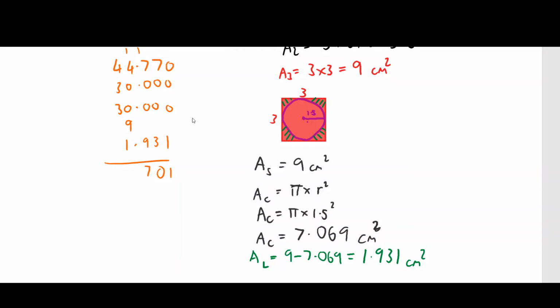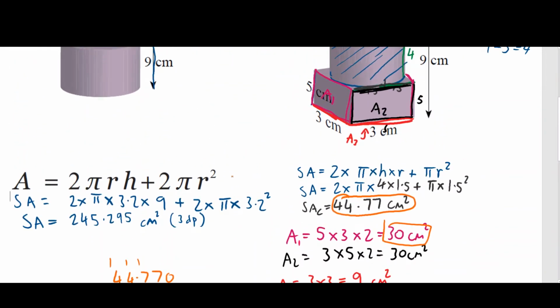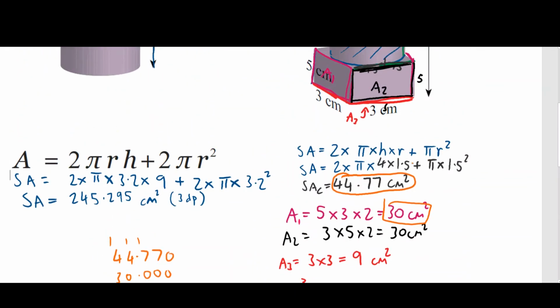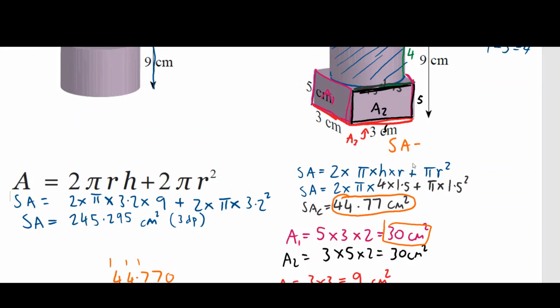That's 10, 15, put down the 5, carry the 1. And 6 plus 5 is 11. So there's our total surface area. Our total surface area for this shape is 115.7. The surface area equals 115.7 square centimeters.